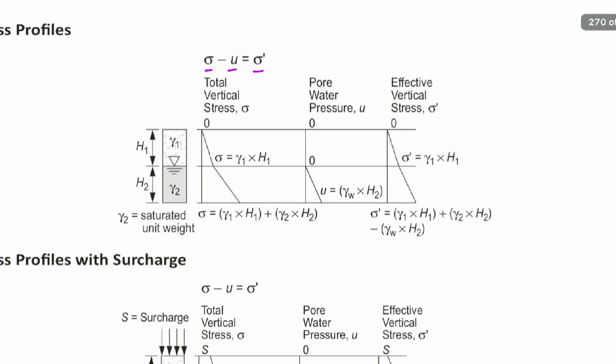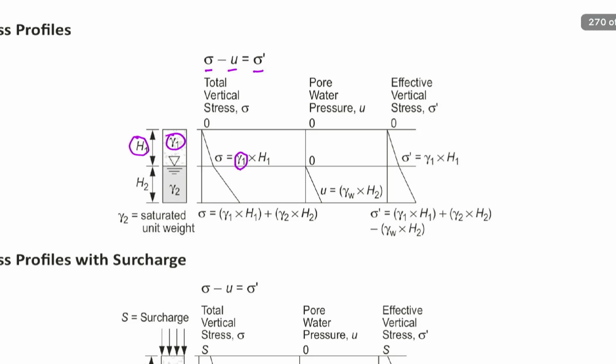You have different profiles. You have the height, you have the unit weight. It doesn't matter whether it's dry or wet, total stress is always the unit weight of that material times the thickness of that layer.